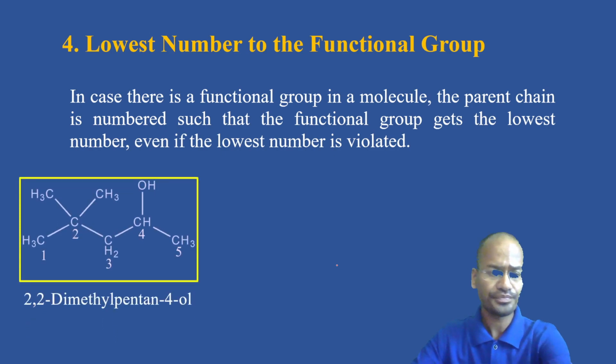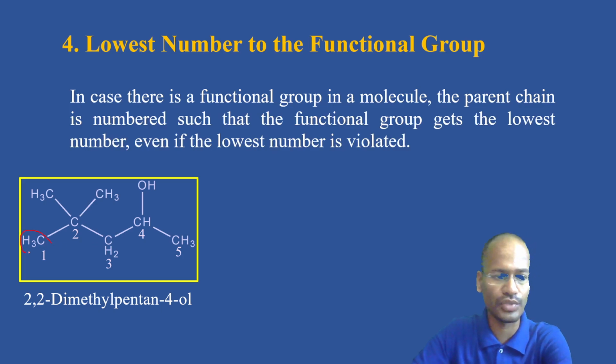Here the numbering was started from this carbon and the longest possible chain 1, 2, 3, 4, 5, and the functional group is present on the fourth carbon as per this, and the substituents are on the second carbon, 2,2 dimethyl pentane 4-ol.